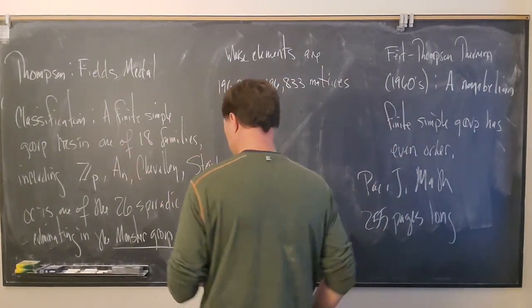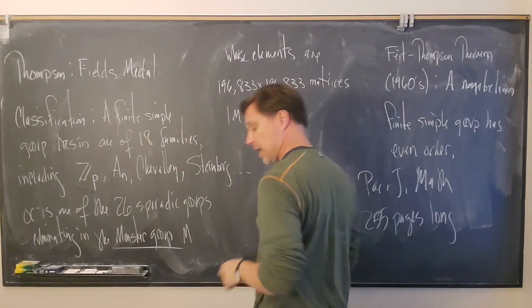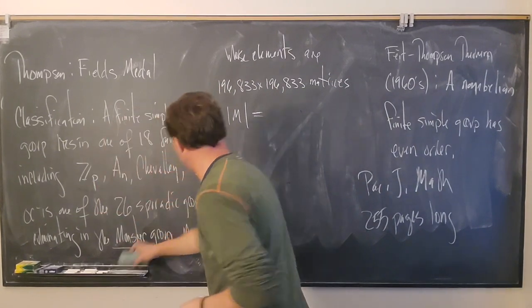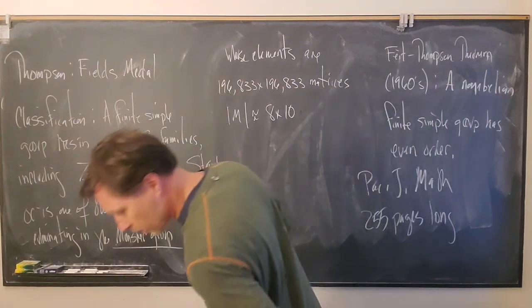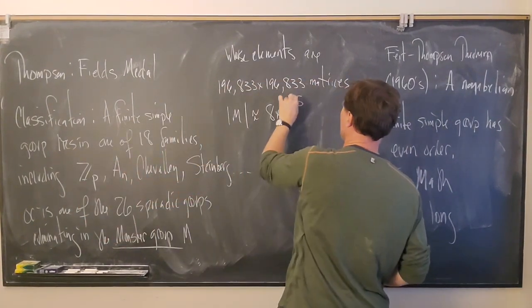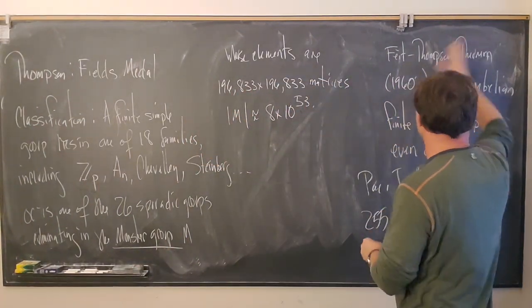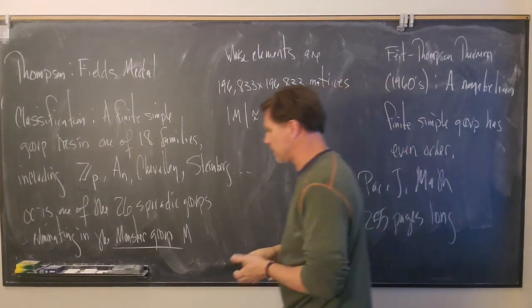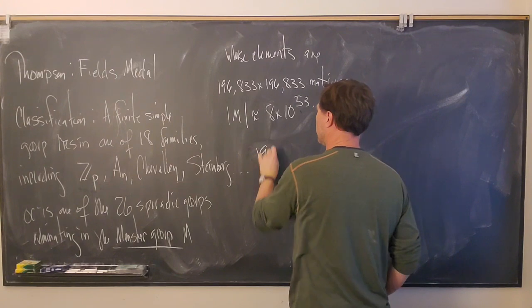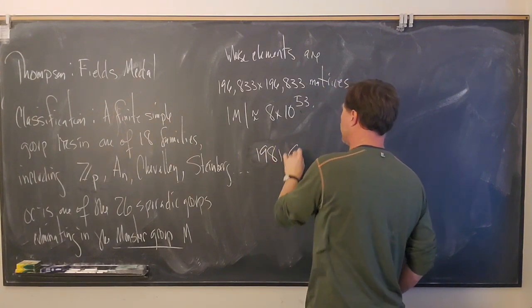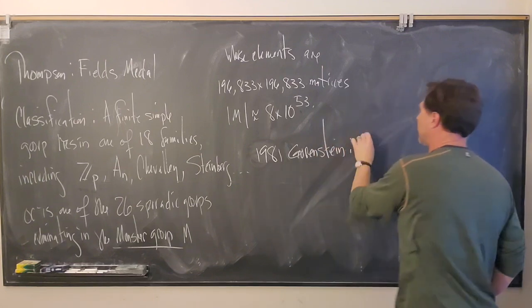Let's call the monster group capital M. The order of M is approximately 8 times 10 to the 53. So it took a huge amount of work. The Feit-Thompson result was just one little piece of the puzzle. In 1981, Gorenstein announces that the classification is complete.